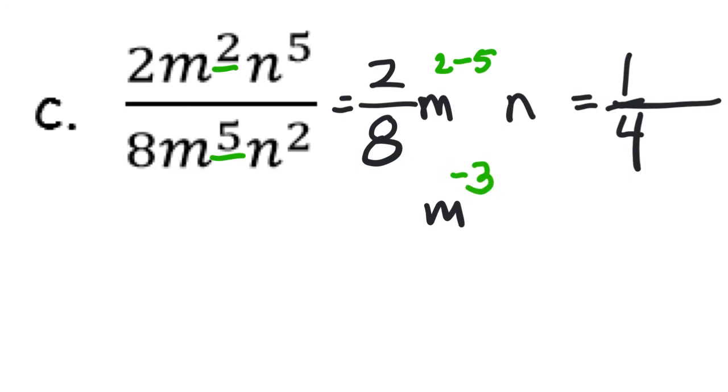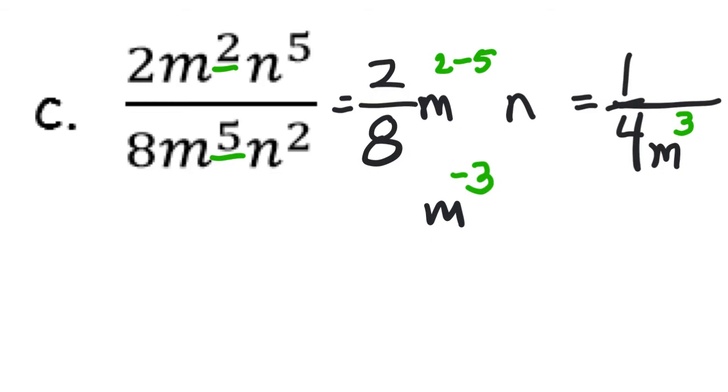But for now, see how there's more m's in the denominator than the numerator? There's 2 m's in the numerator, 5 m's in the denominator being multiplied. That means that this m and its exponent of negative 3 just needs to be in the denominator. So that will be m to the power of, not negative 3, but just 3. Again, more on that later.